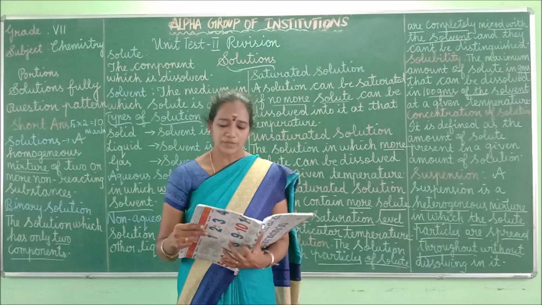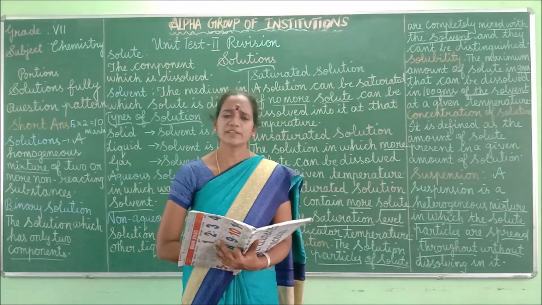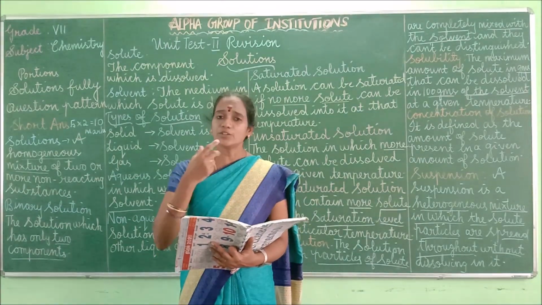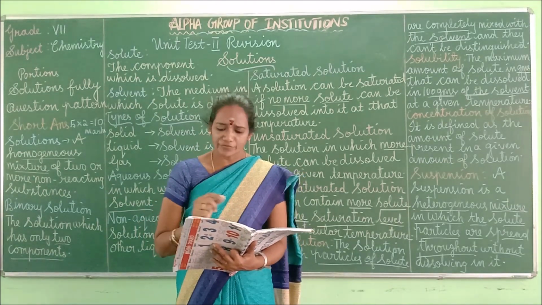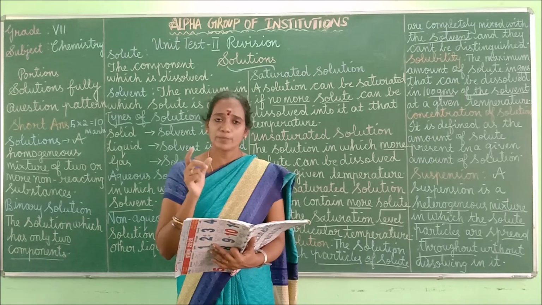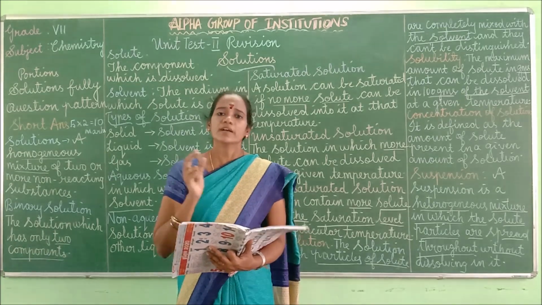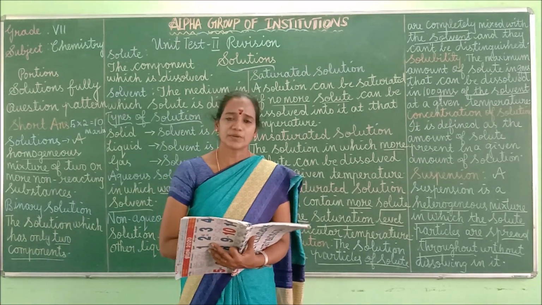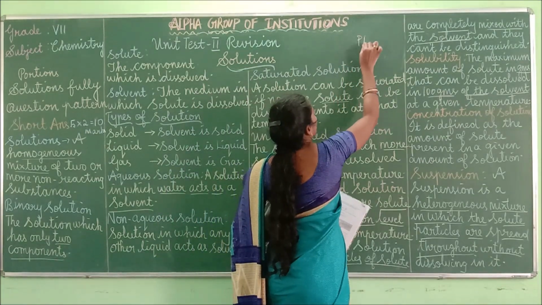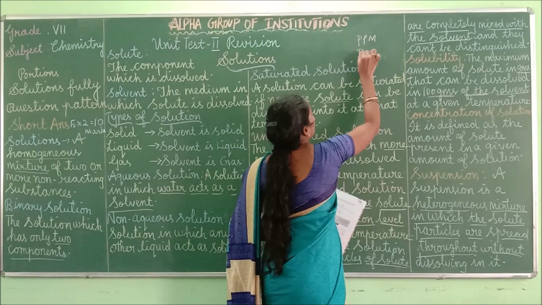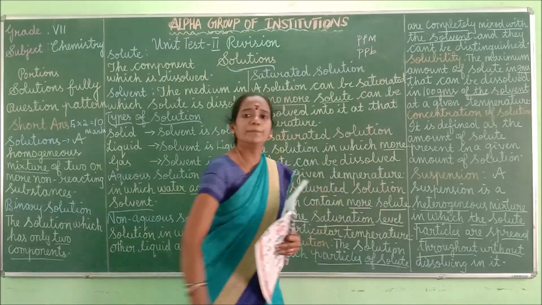Next one, parts per million. This parts per million is mainly used to identify trace amounts, a very minute amount of a substance. Also we can express it as parts per billion. ppm means parts per million, ppb means parts per billion.